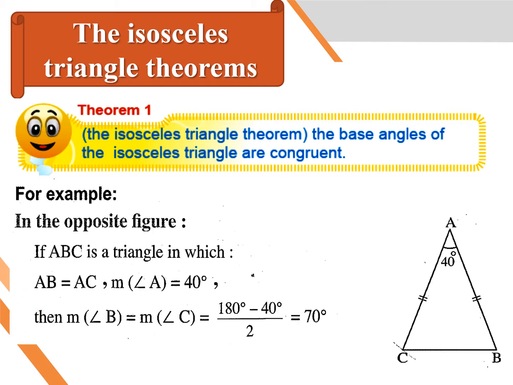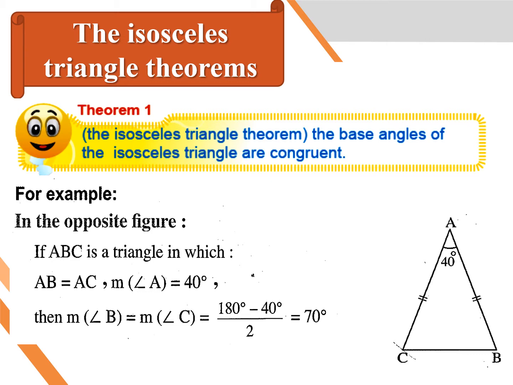The two angles are equal in measure, so we solve by (180 minus 40) over 2, which equals 70 degrees. Why 180? Because the sum of the interior angles of any triangle equals 180.